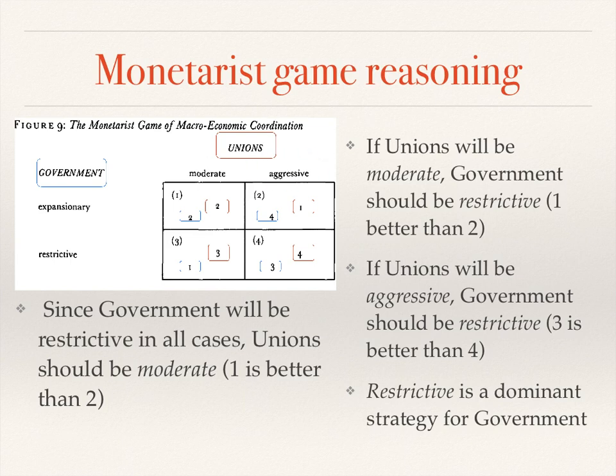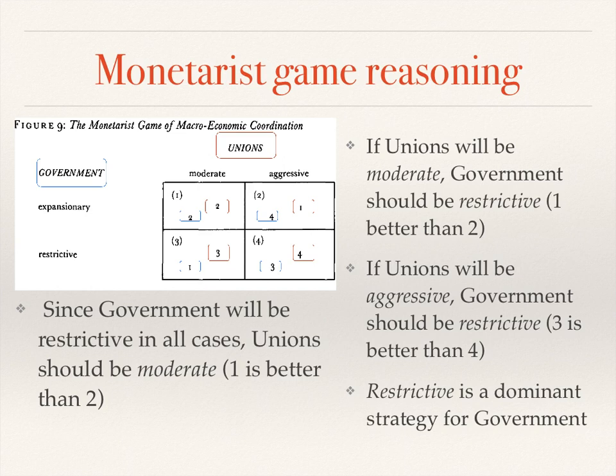Alternatively, unions might be aggressive. What is the government choosing between? It's choosing between expansion, which puts it in its least favorite cell, or restriction, which puts it in its third most favorite cell. So it's choosing between its worst choice and its second to worst choice. It's going to pick that one.